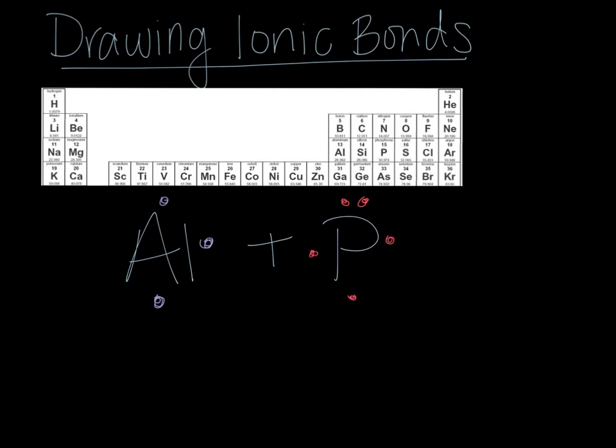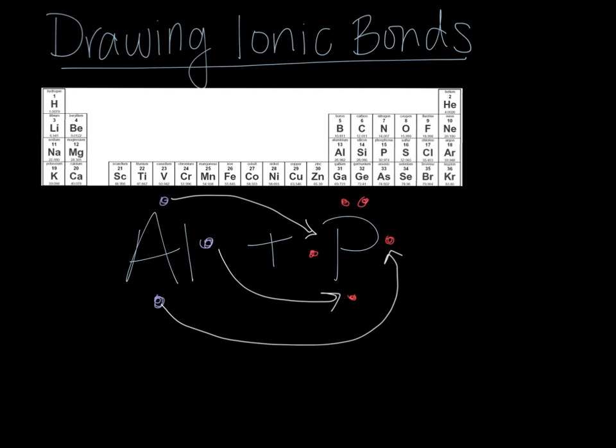So when you have your ionic bonding, you're just going to draw your arrows so that the electrons are filling the empty space, so that all of your electrons are paired up. Okay, so now I've used all of my electrons from aluminum, and I've filled all of the spaces over on phosphorus.